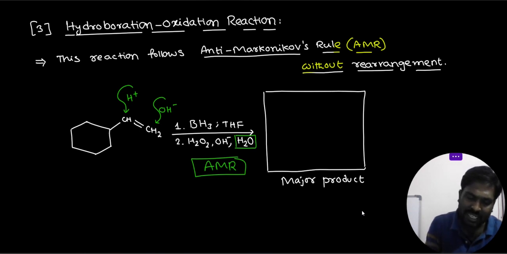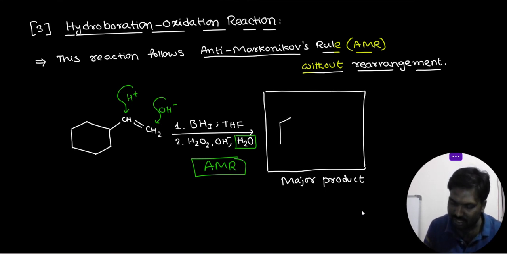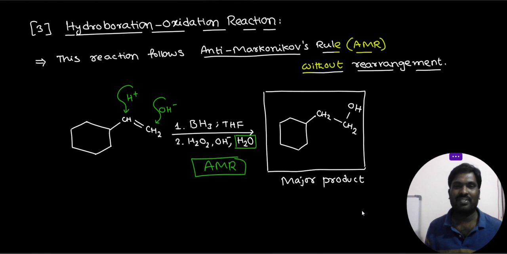Then, without rearrangement, the product formed is a terminal alcohol. Here hydrogen, here OH.